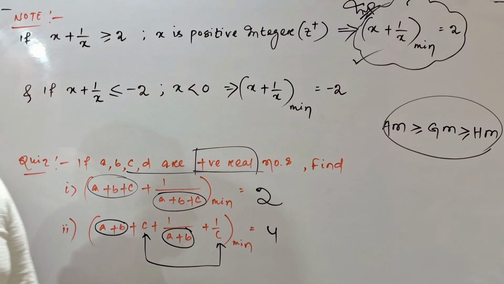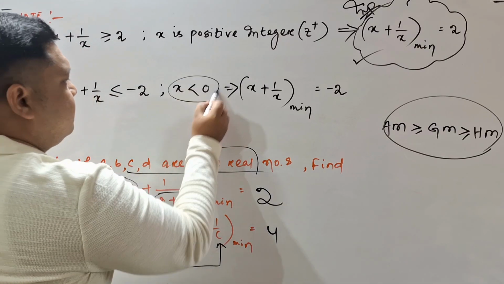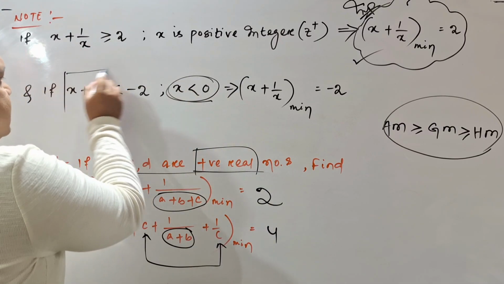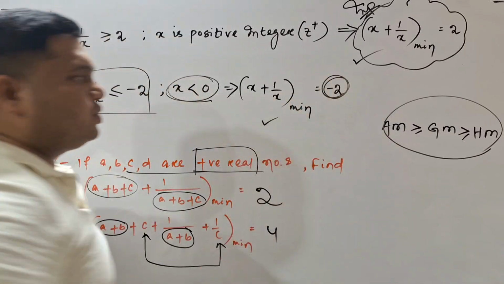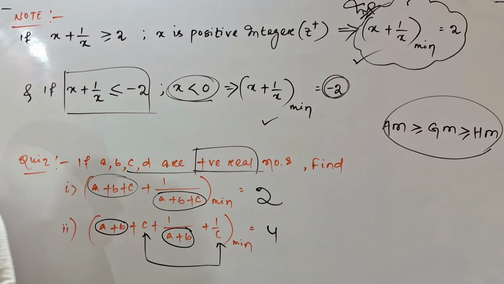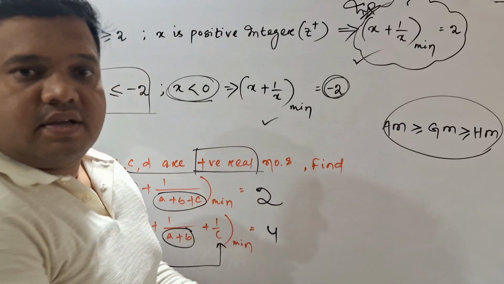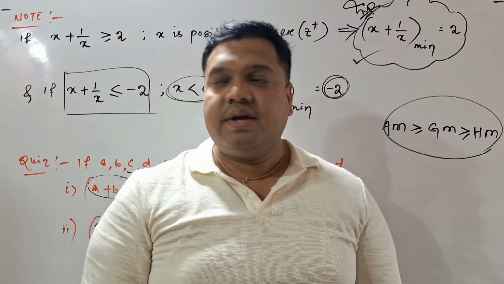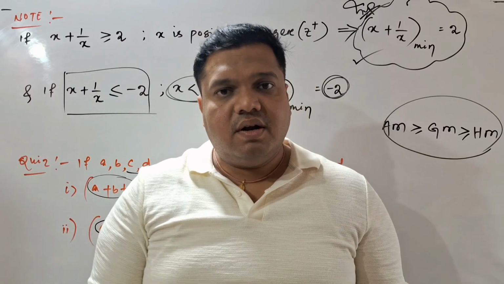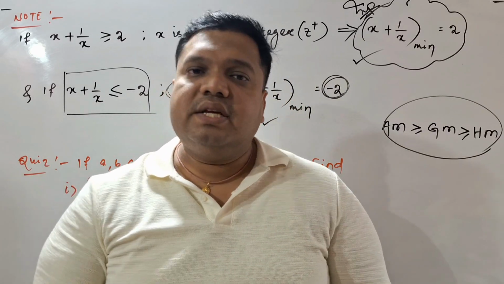Clear? Similarly, when x is less than 0, a negative value, x plus 1 by x is less than or equal to minus 2. These results also you have to remember. So a few important key points, you just write them down and practice. Okay, this is set number 1, the fundamentals of inequality.